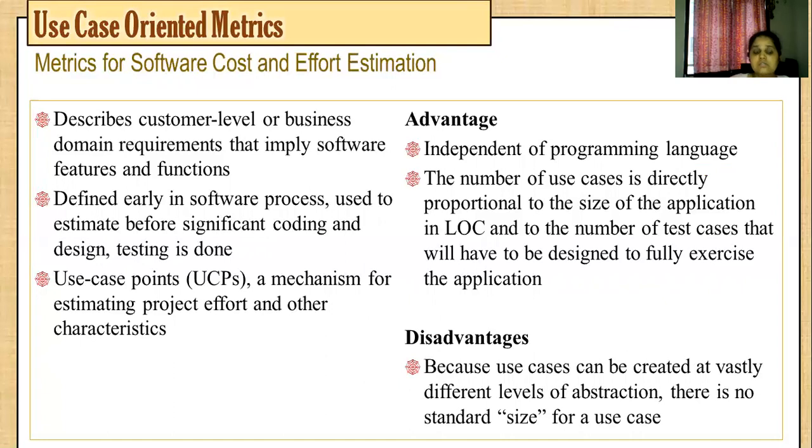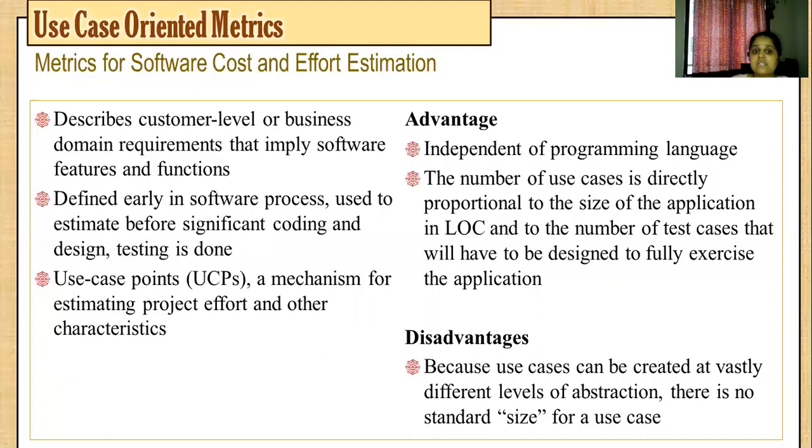So these use cases are also defined very early in the process, and due to this you can significantly reduce the time used in estimation, reduce the time used in coding, reduce the time used in design and testing. So all the phases you can estimate very early before you initiate your process.